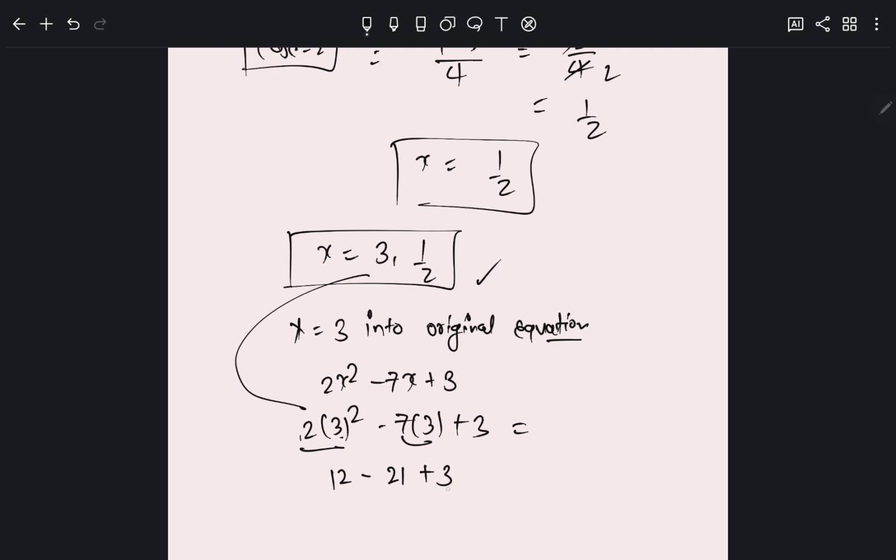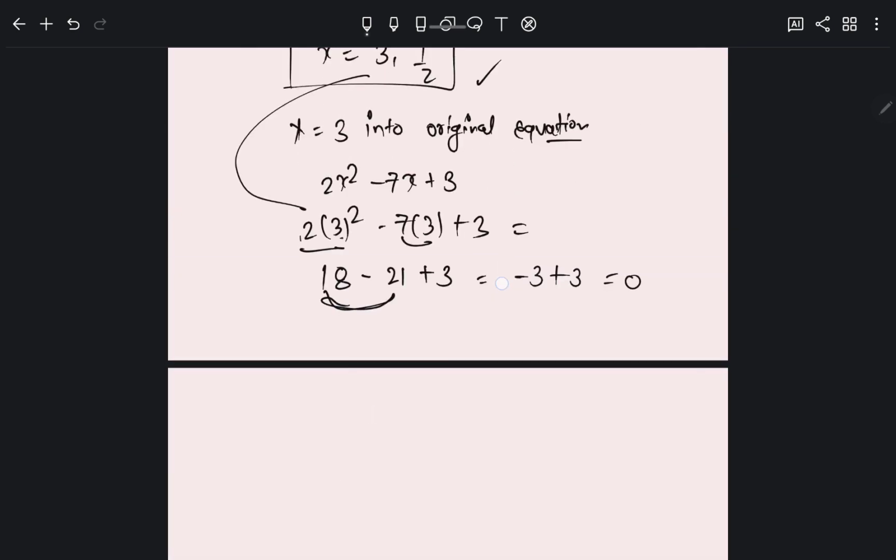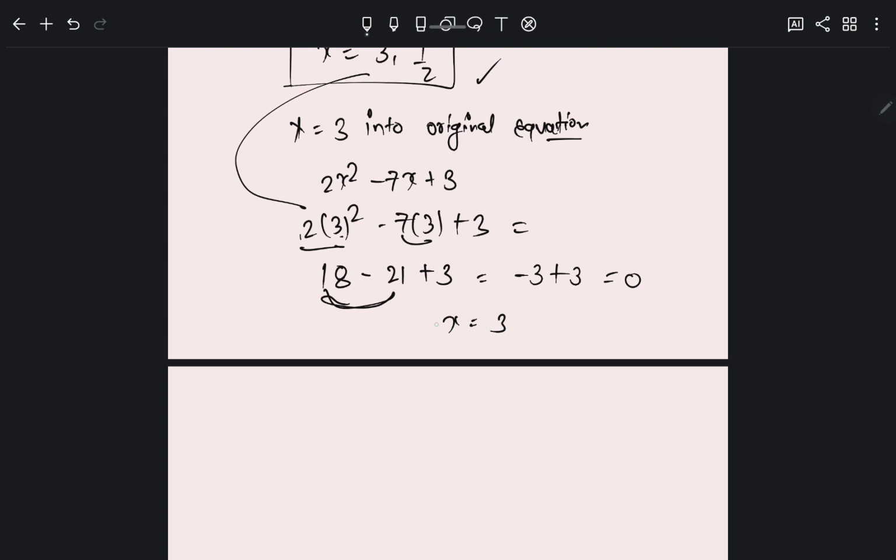Okay. Minus 21 plus 3. Now it becomes 18. Okay. What it gives? It gives minus 3 plus 3. And what we get? 0. So it tells us x equals 3 is correct. Got it? So it is correct.